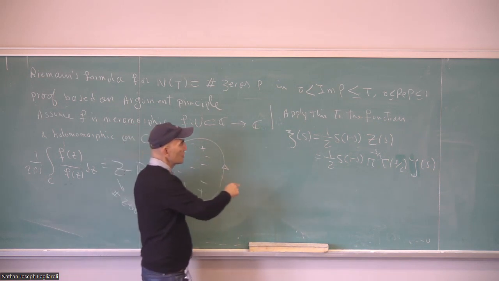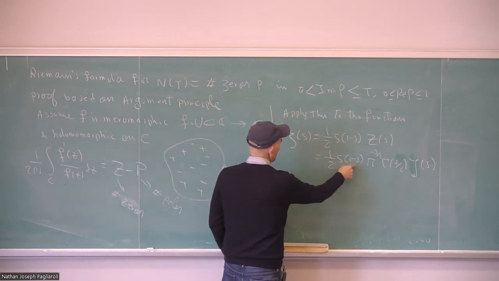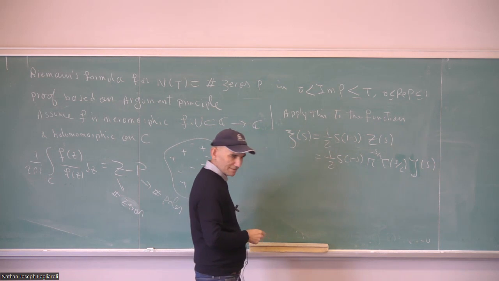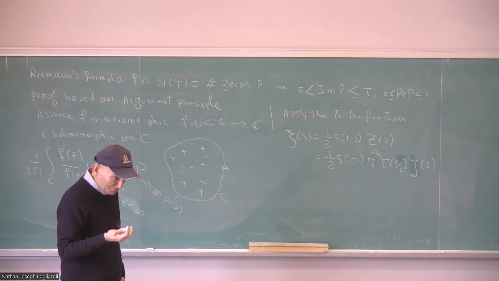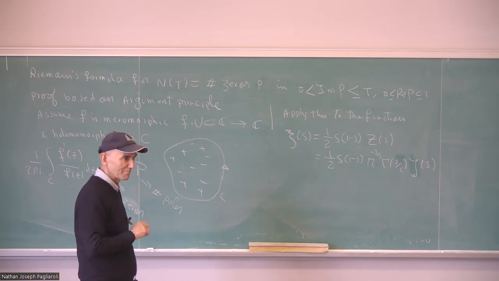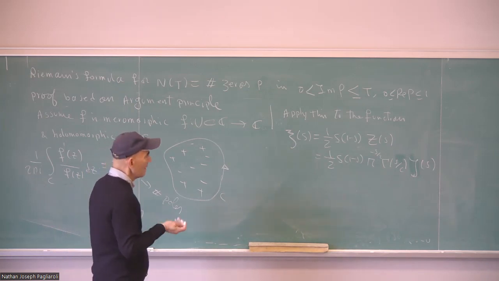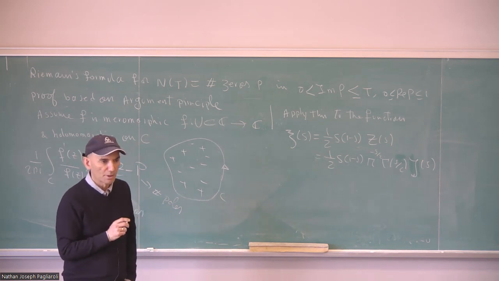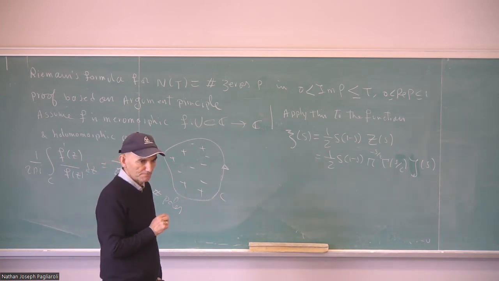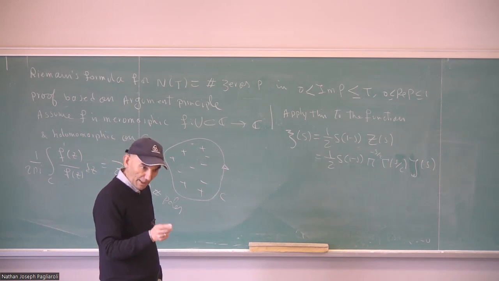Now, this function, why did I multiply by s and 1 minus s? One plausible reason, maybe you can tell me why. Exactly.